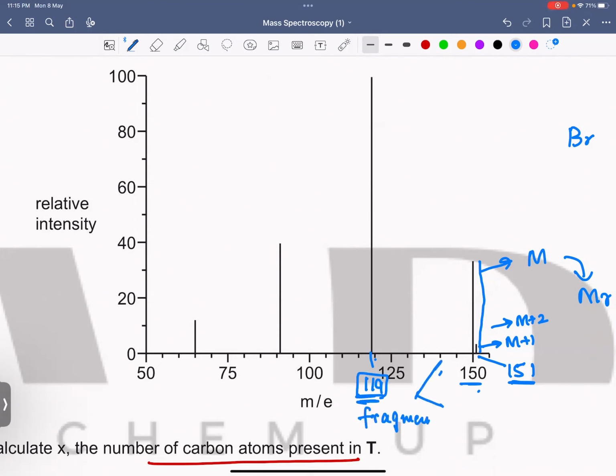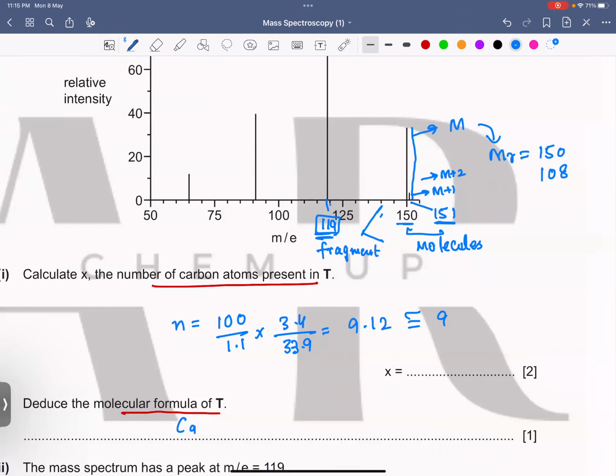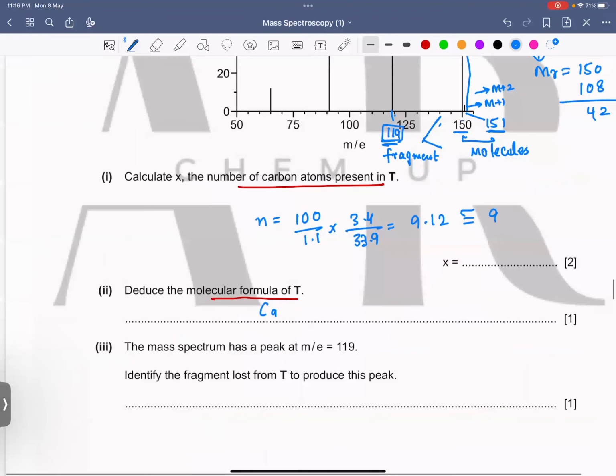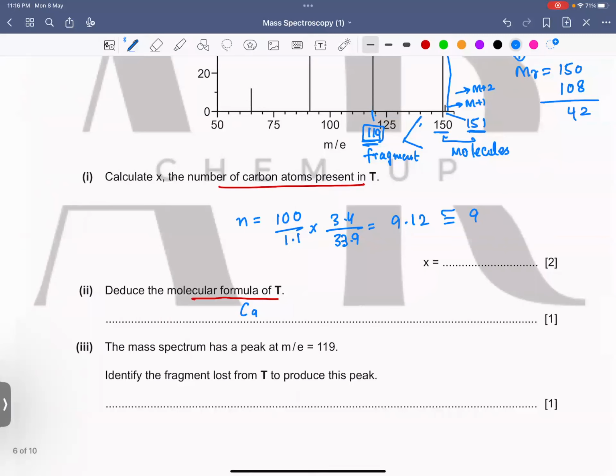So we got it that out of 150, 108 is the mass of carbons, right? So what mass is left behind? 42. So with the 9 carbons, are there 42 hydrogens? Is this possible? No, not possible. For 9 carbons, the maximum possibility of the hydrogens would be 9 times 2 is 18, and 18 plus 2 is 20, right?